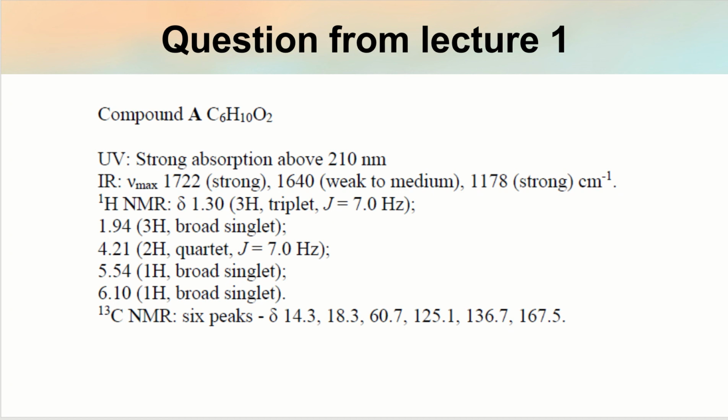We haven't done UV yet, but the only thing that we get from the UV, based on what we have here, strong absorption above 210, is that possibly we have some conjugation. And we don't need to worry about what that means yet because we haven't done UV yet. But have a go at it and try to propose something.